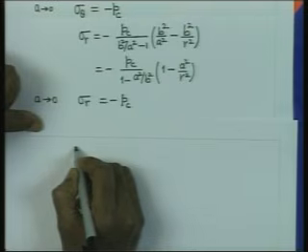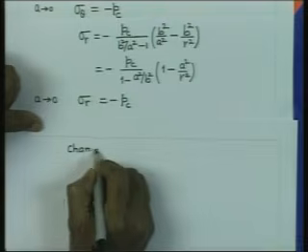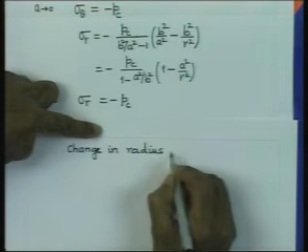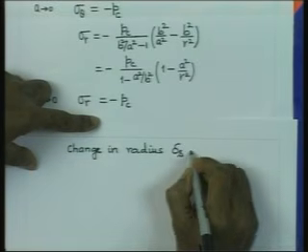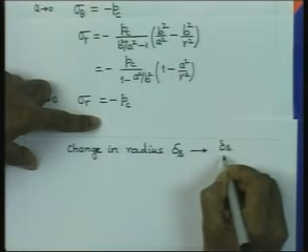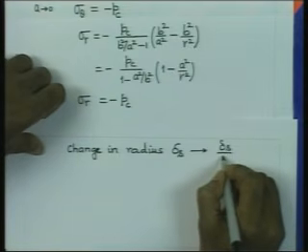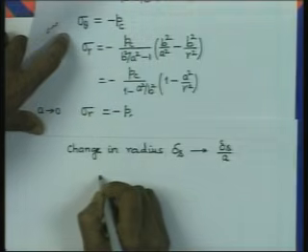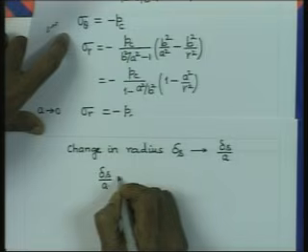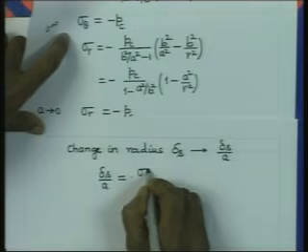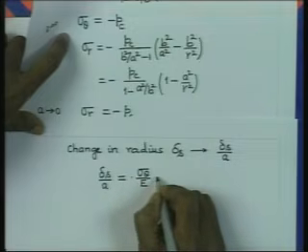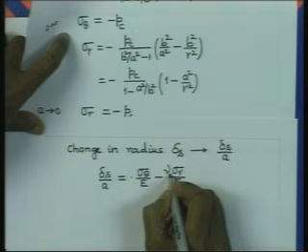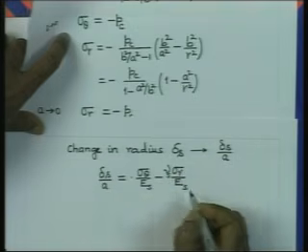Let us say the change in radius of the shaft is delta S, and therefore, the strain is going to be delta S by A. That strain is given by Hooke's law, sigma theta by E minus nu times sigma r by E, and if you would like to add the subscript S for the shaft, we will have this value.